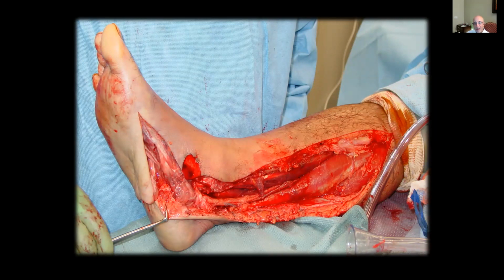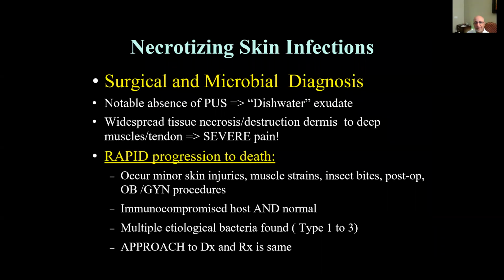The patient had repeated exploration and made a steady recovery and was discharged.